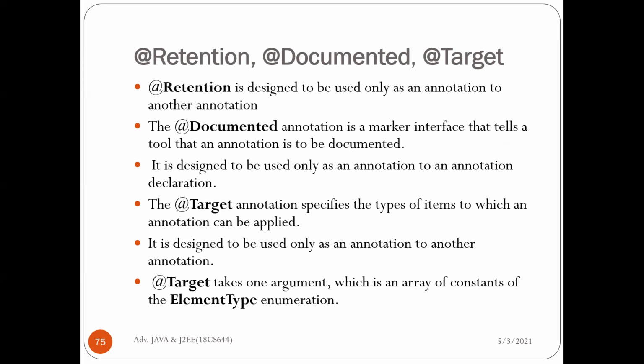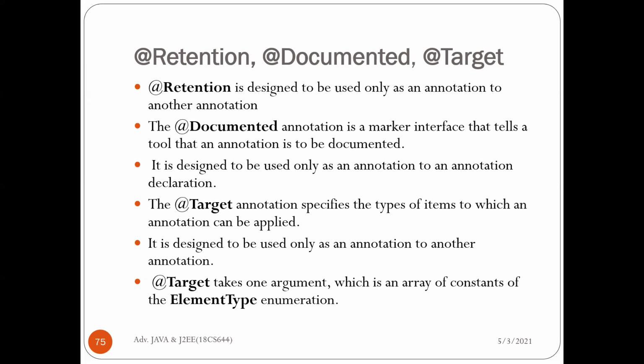The next category of annotation is the target annotation. The target annotation specifies the type of items to which an annotation can be applied. This target annotation can be used on another annotation. Using it, we can specify on what type we can apply a particular annotation.